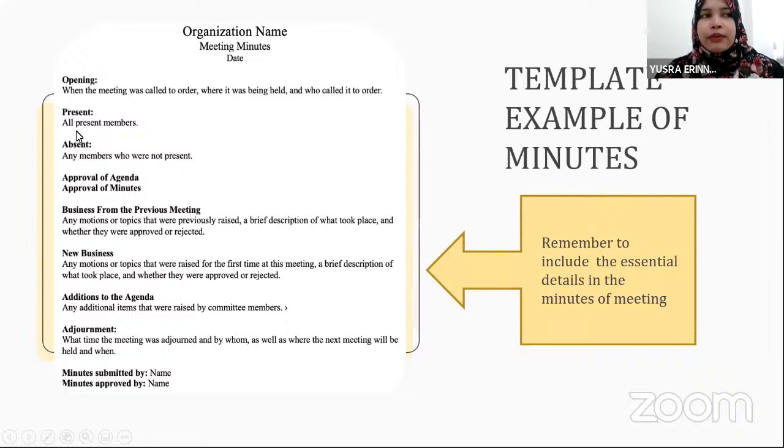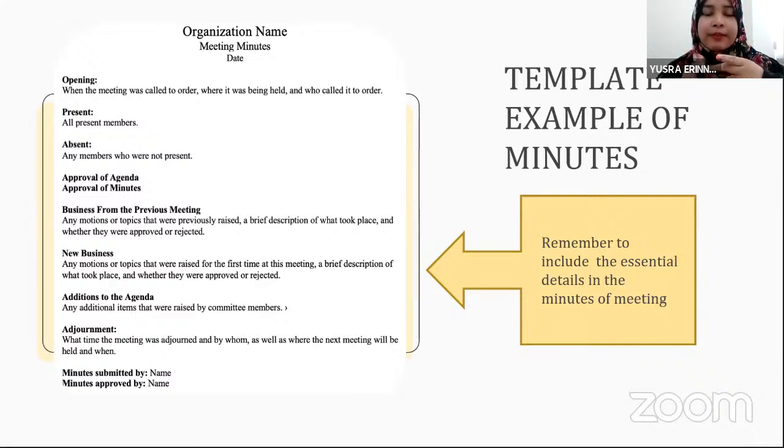If it's a compulsory meeting, for example a compulsory meeting for your department, you already know all the members, you can just write all present members, because normally you would have attendance being taken, whether it's online or on paper.